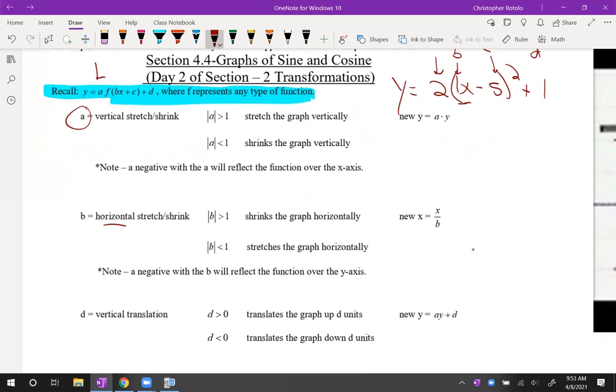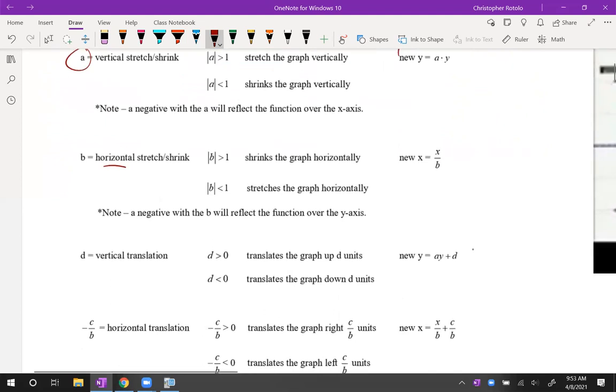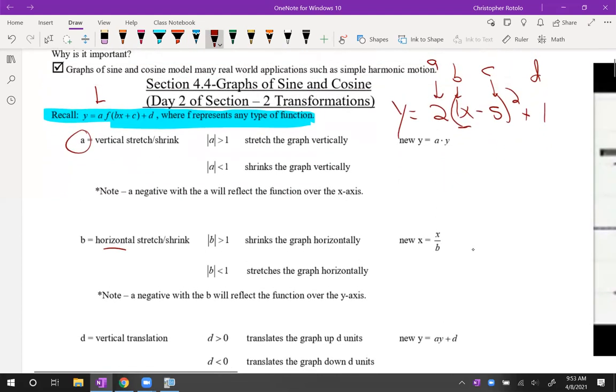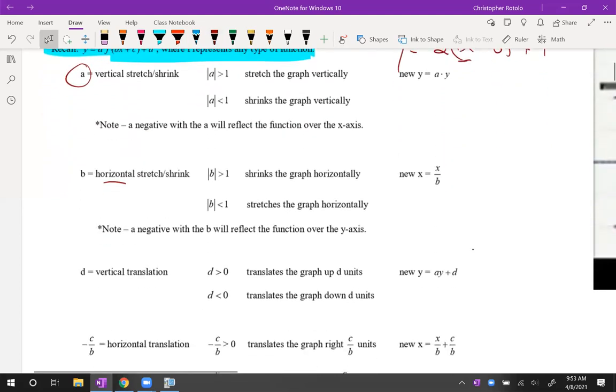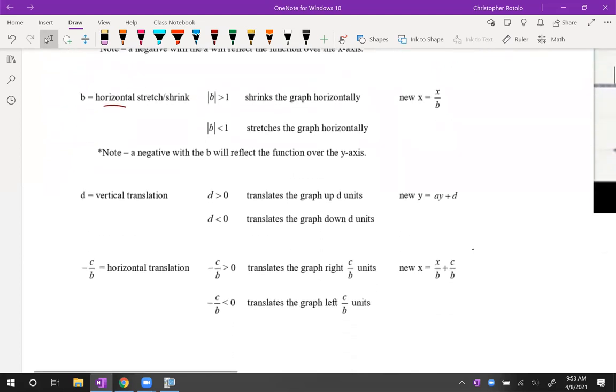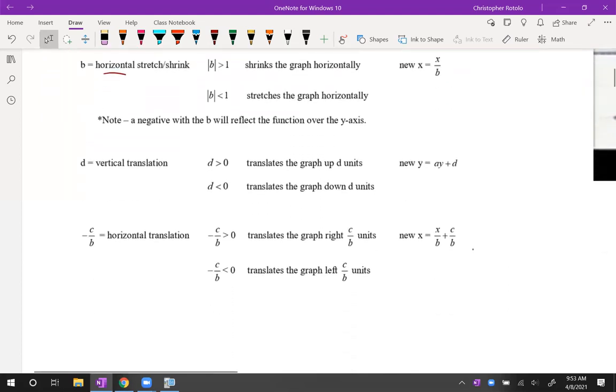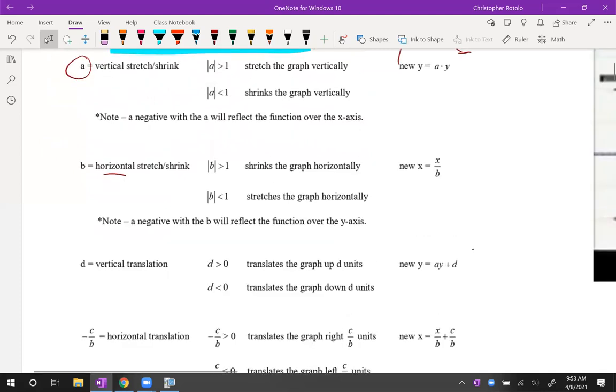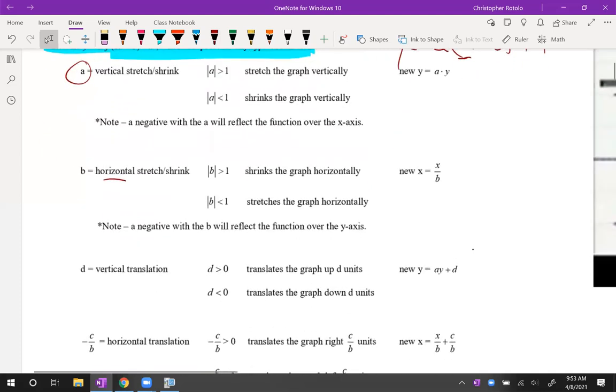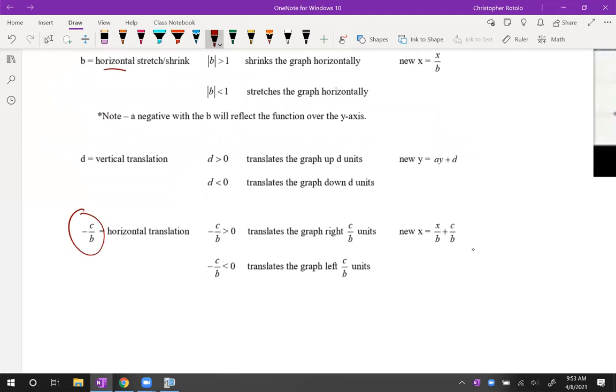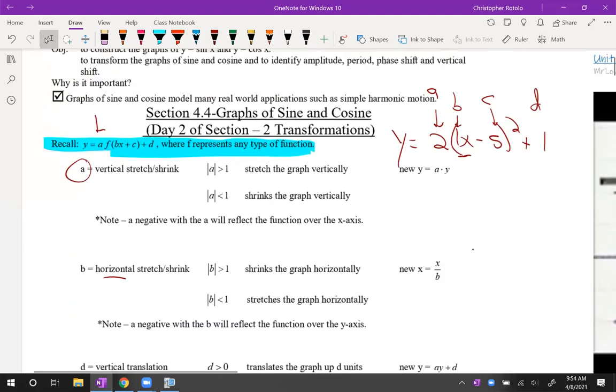So just like when we move it left and right, it's the same thing for your horizontal stretch and shrink. We have a couple items going on inside those parentheses, B and C, so we combine those to get that horizontal translation. We'll see that all in just a minute.